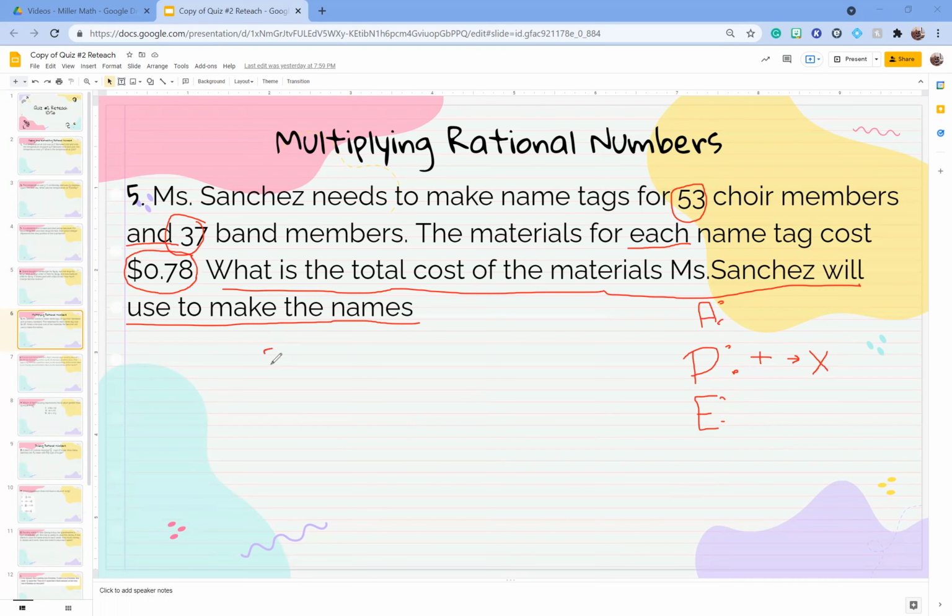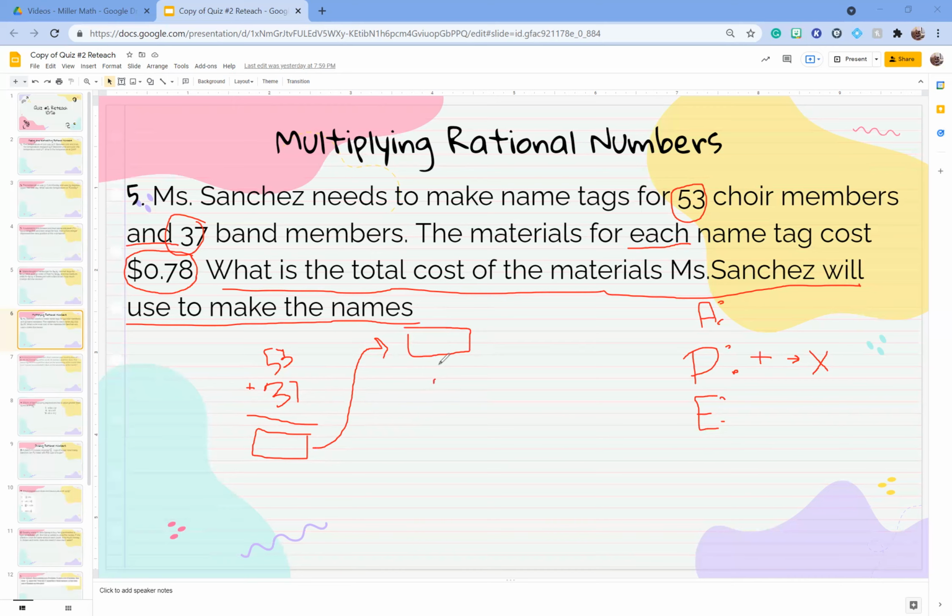So we have 53 plus 37. That's going to give us a total of people. Now, whatever we get with this total, we're going to have to multiply times the 78 cents.